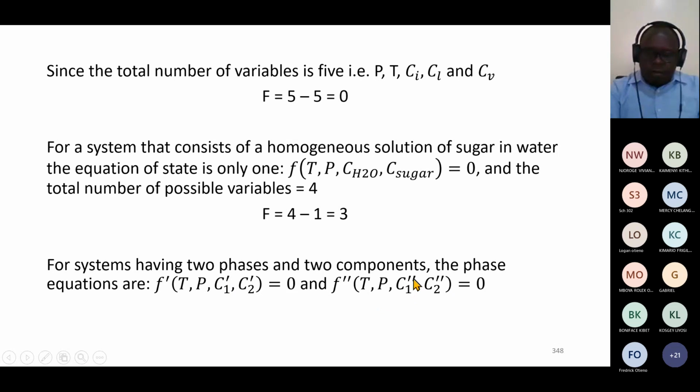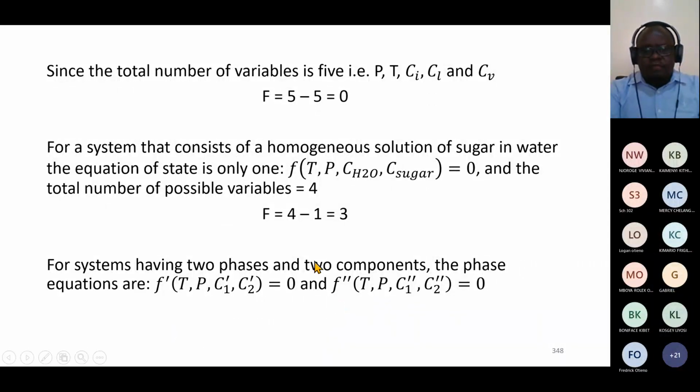And C1 double prime is the concentration of component 1 in phase 2. C2 prime is the concentration of component 2 in phase 1, and C2 double prime is the concentration of component 2 in the second phase.